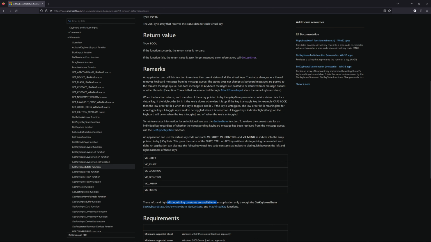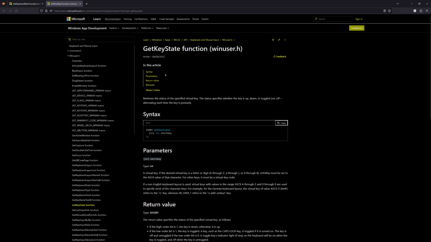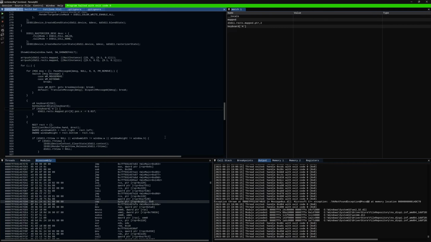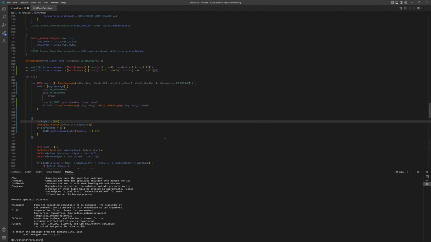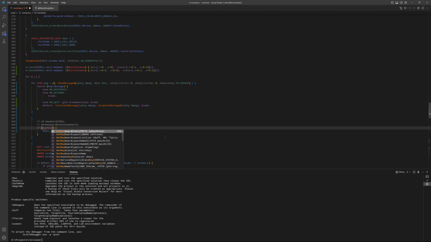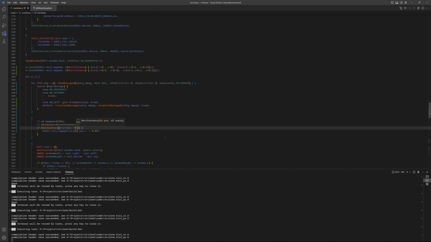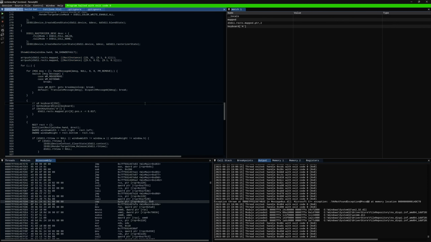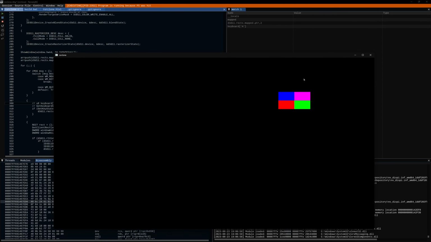I mean, we also call GetKeyState. Does this just always return true?